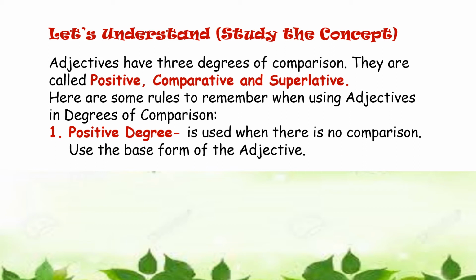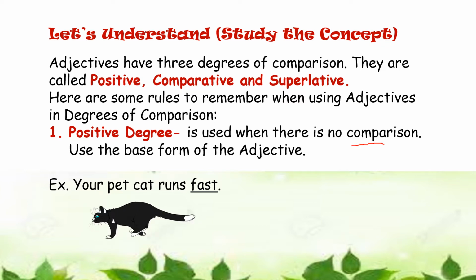So first one, we have the positive degree. It is used when there is no comparison. Use the base form of the adjective when there is no comparison. Again, example, your pet cat runs fast. So, the positive degree here is the word fast. And of course, it is in the base form of the adjective.